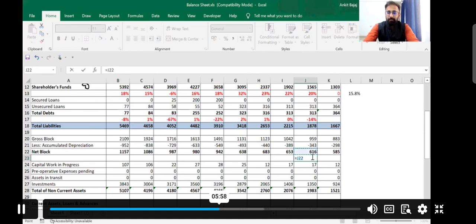So instead of copying, I will manually solve this equation, so you will get a better idea. Closing value minus opening value, bracket close, divided by opening value.